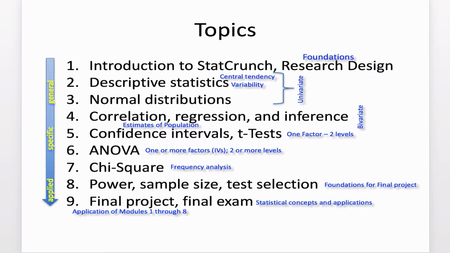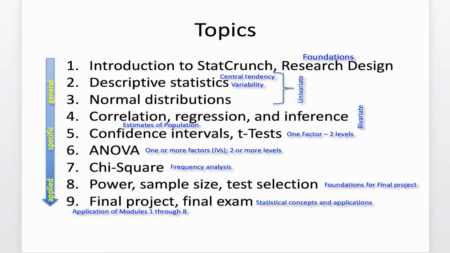The latter part of the course is going to be more applied to your final project, and it creates a foundation for them. So we're going to understand how to compute a power analysis to determine the sample size. And then how do you select the right kind of statistical test depending on the type of data you have and the kind of question that you're answering.